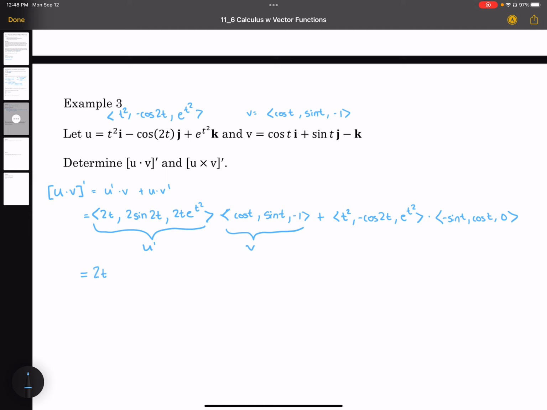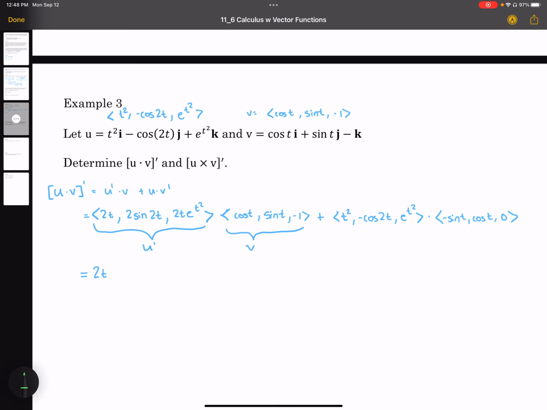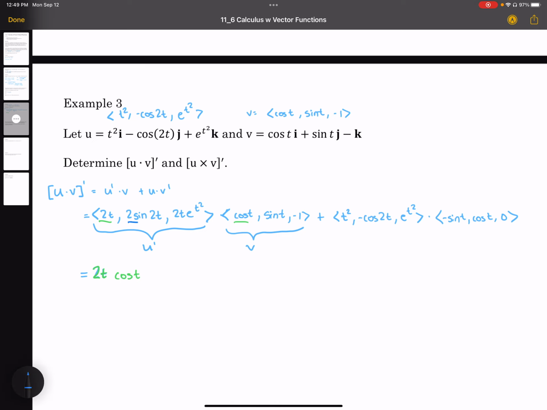So if we were to actually write out our dot product, that would be 2t. So remember, dot product is, let's color code this. So 2t cosine t, and then, different color, let's go with this blue, 2 sine 2t times sine t is going to be 2 sine t sine 2t.